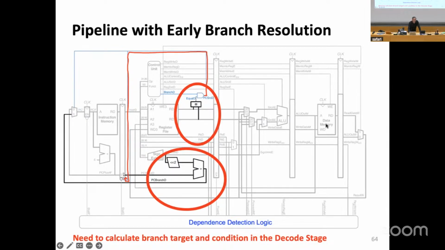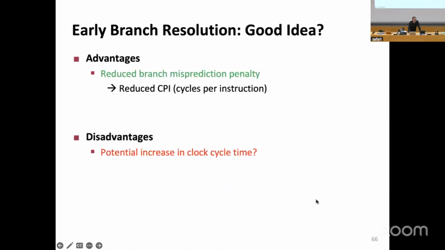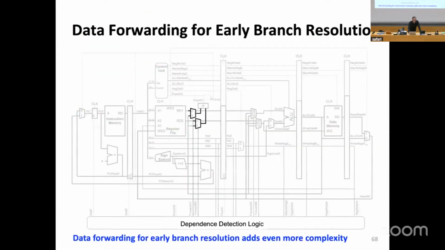And there very likely are instructions there, because the branch is actually dependent on some instructions that produce those registers. So you need to forward those registers. Whenever there is some earlier computation, you need to forward the data also. So there needs to be a forwarding path from here to here as well. Okay, so it adds even more complexity. It potentially increases your critical path even more.